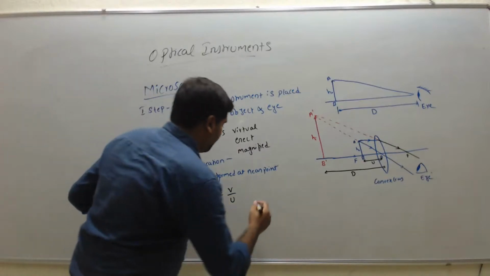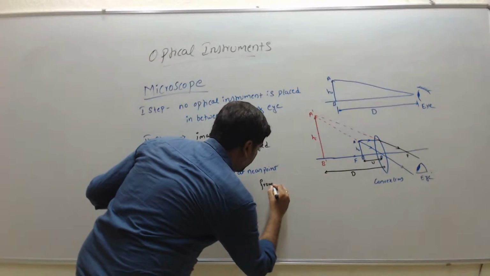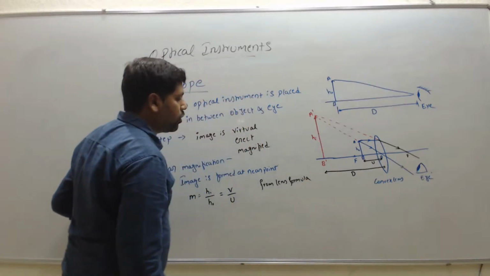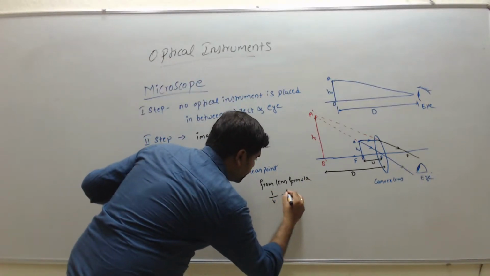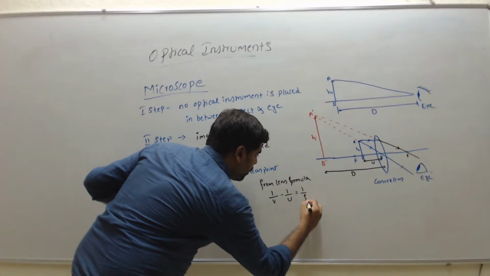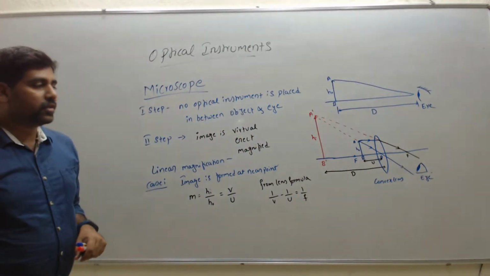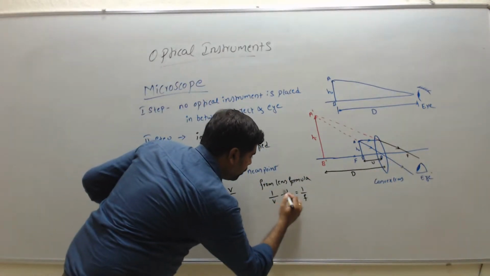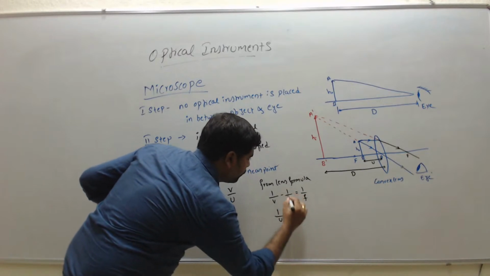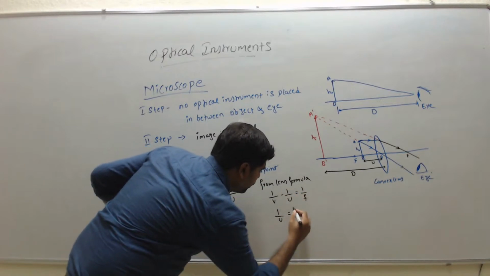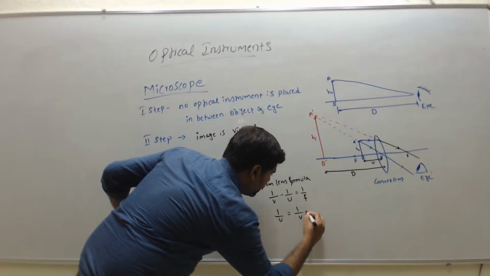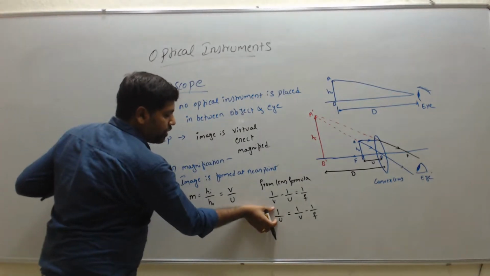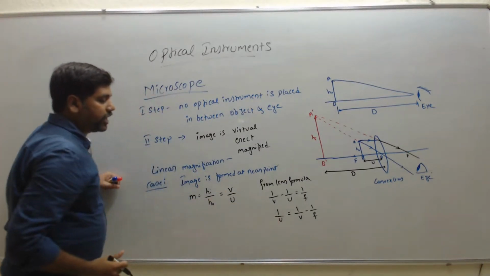From the lens formula, we have 1 by V minus 1 by U equals 1 divided by F, where F is the focal length of the convex lens. So we need 1 by U. If we shift terms, 1 by U equals 1 by V minus 1 by F. Now we substitute this into the magnification.